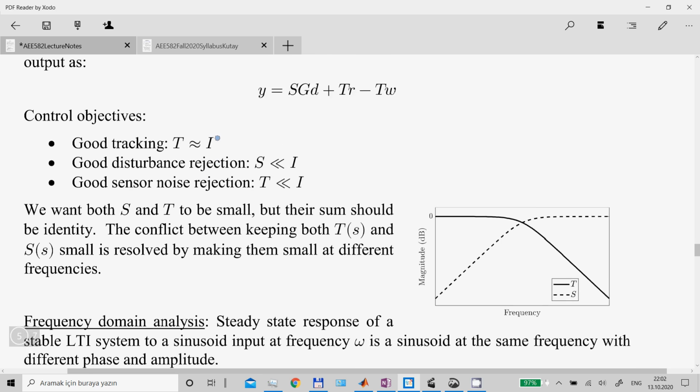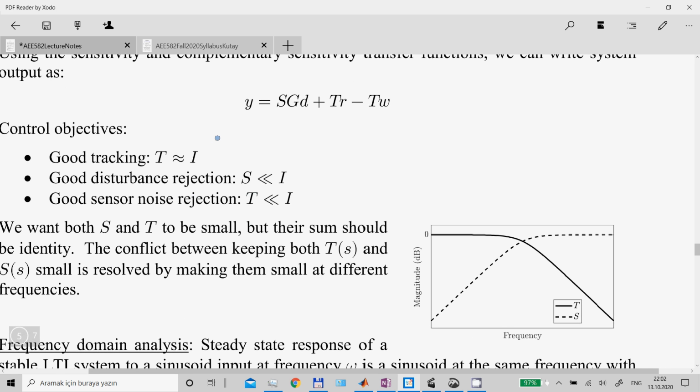Let's take a look. At low frequencies, T is close to unity, and S is very small. That means for low frequency reference signals, our system will have very good tracking performance. And at the same time, for those low frequencies, we also have this goal satisfied, which means the disturbance rejection is powerful at low frequencies.